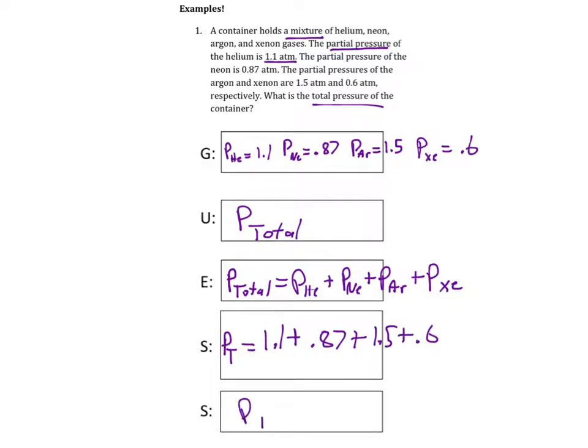Then you just add it together and you get a total pressure of 4.07 atmospheres. And that's your answer. And smiley face, because we're happy to get the correct answer there. All right, so these problems are really easy.